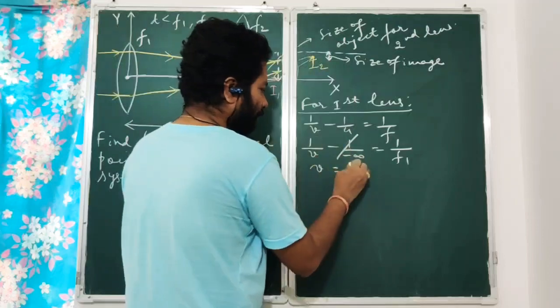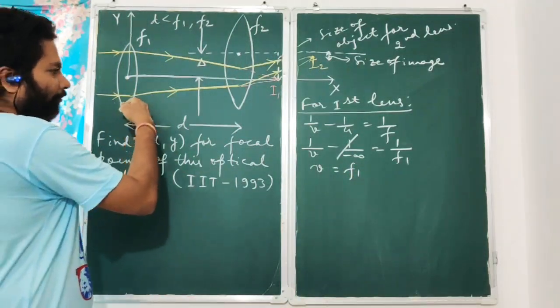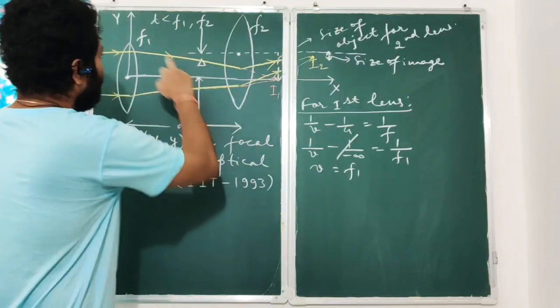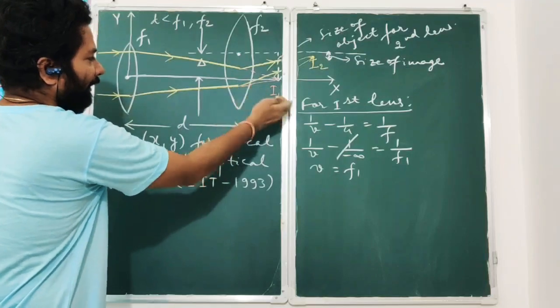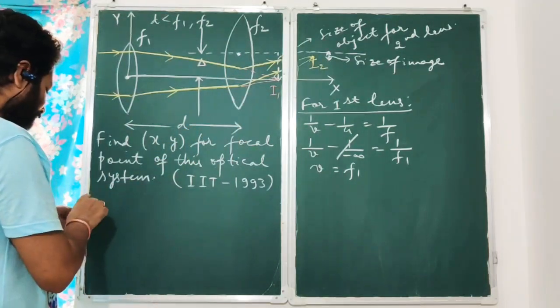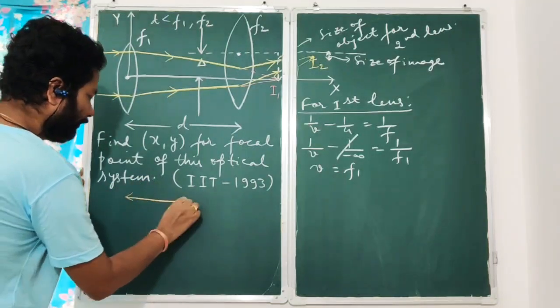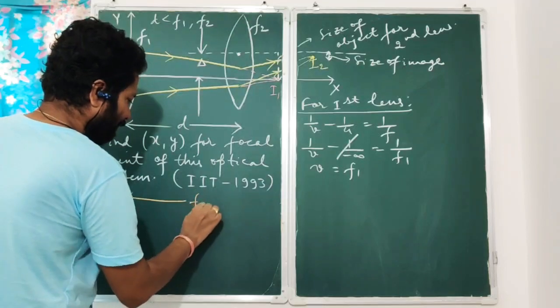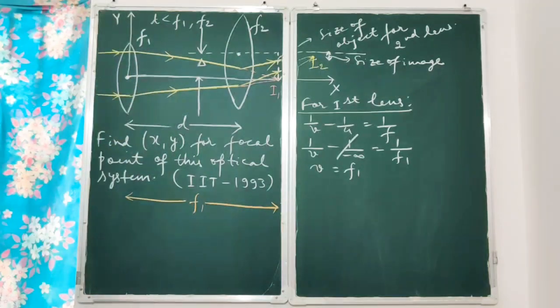This term will become 0, and v is f1. So image is getting formed at a distance of f1, and d is less than f1. So image, you can see, it is getting formed on the right hand side of the second lens. So what we observe here is that this distance from here to this I1 is f1.